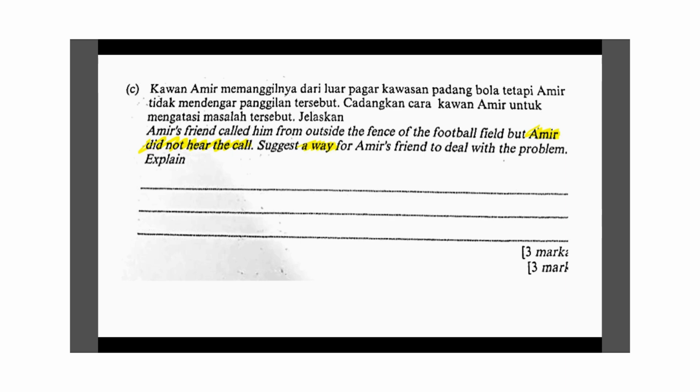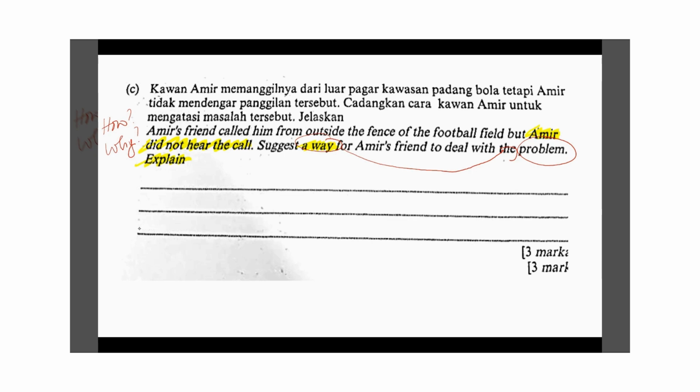Again, you want to explain. So, as I mentioned earlier, your explanation can be a how or it could be a why. So, in this case you want to suggest the way, and then you want to also explain how that way is going to solve the problem that you have, right?